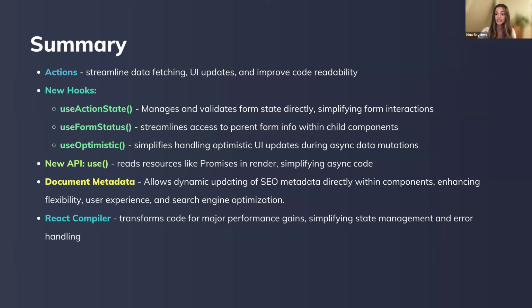This allows for direct integration of async resources like promises in rendering. We also covered document metadata updates, which will improve SEO performance and user engagement dynamically. We also covered the React compiler, which offers performance boosts, simpler state management, and robust error handling. These developments are designed to optimize both developer experience and application performance.